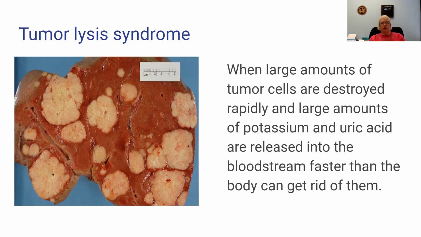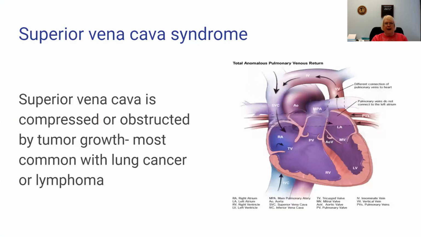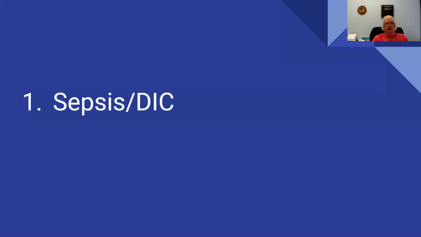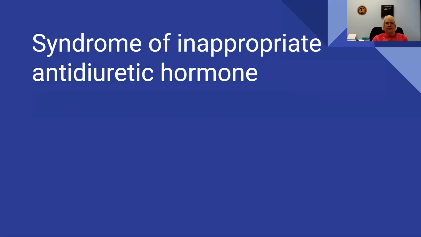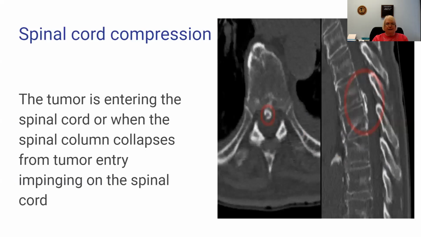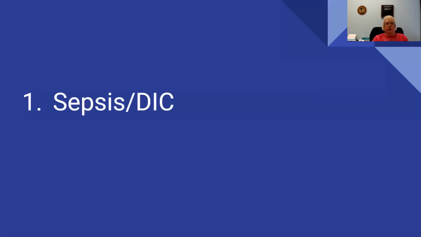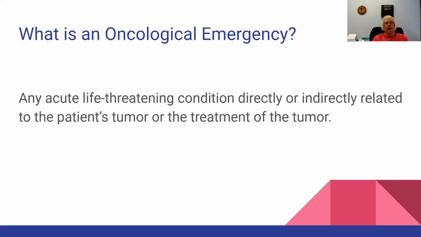Okay, now I've gone over these relatively quickly, but I want you to notice, and I'm going to scroll back, that hypercalcemia isn't in here. Weight loss isn't in here. And it all goes back to the definition of what an oncological emergency is.